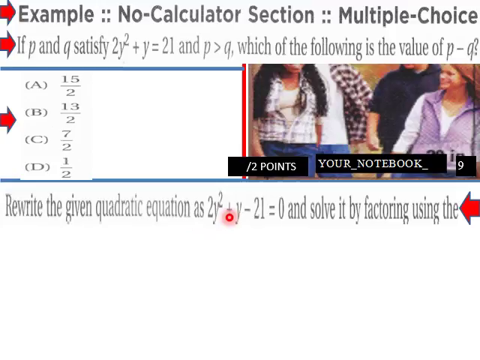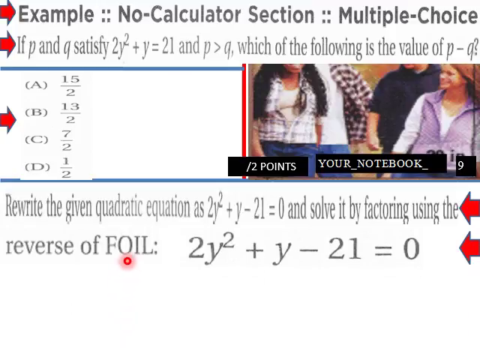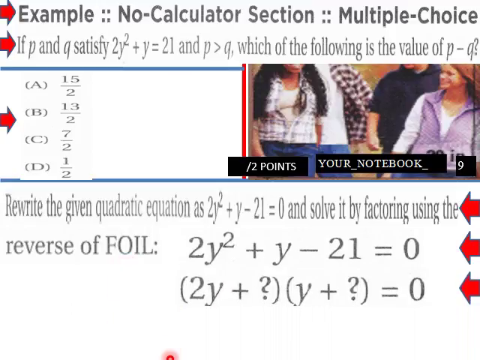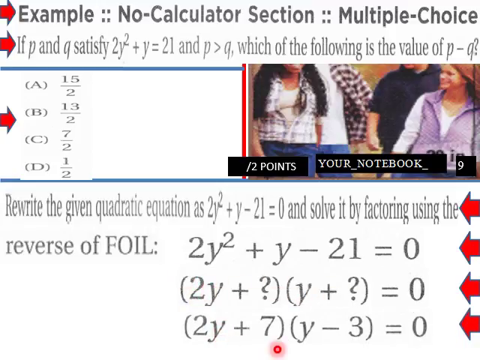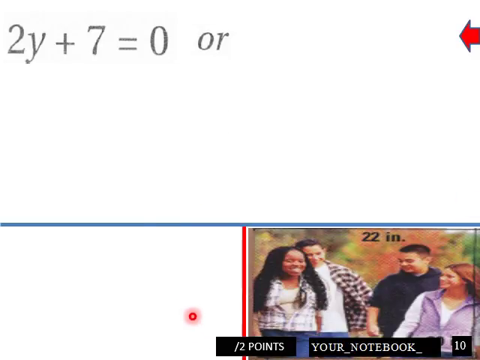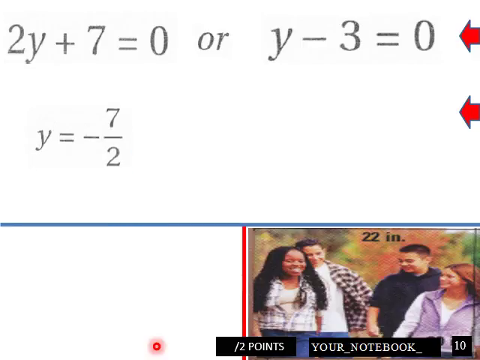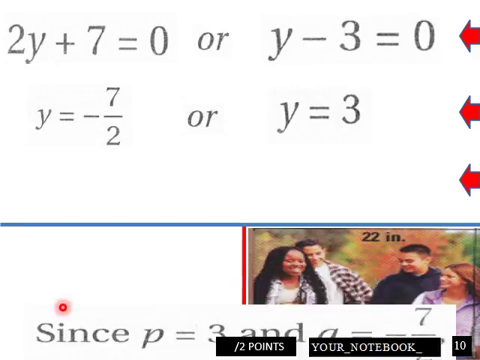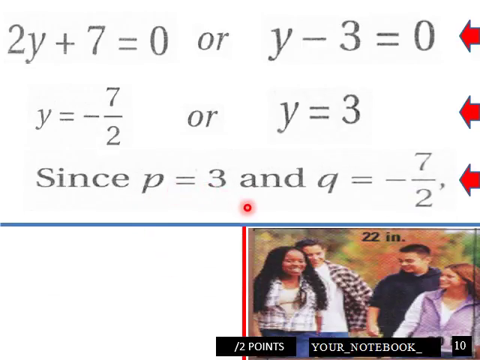Rewrite the given quadratic equation as 2y squared plus y minus 21 equals 0, and solve by factoring using the reverse of FOIL. So there's our quadratic, and we can put it like this because we know this much here. 2y plus 7 or y minus 3 equals 0. So y equals negative 7 over 2, or y equals 3, since p equals 3 and q equals negative 7 over 2.